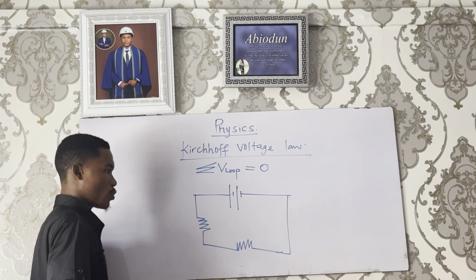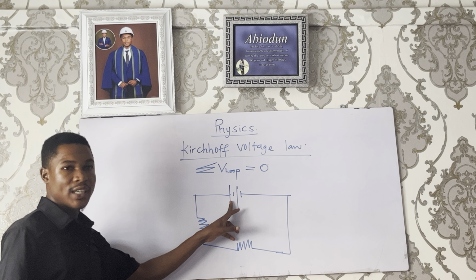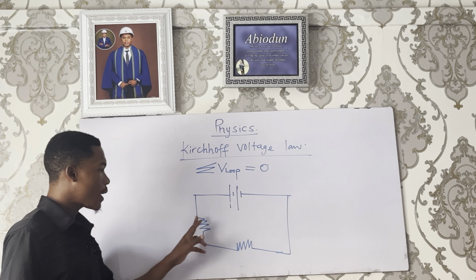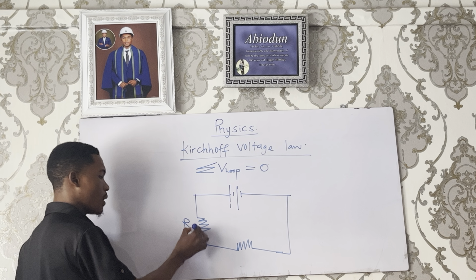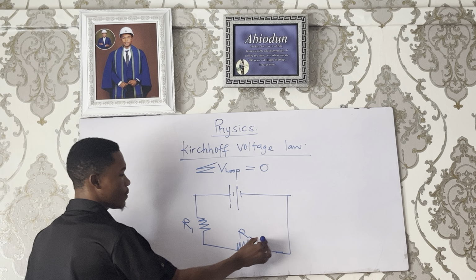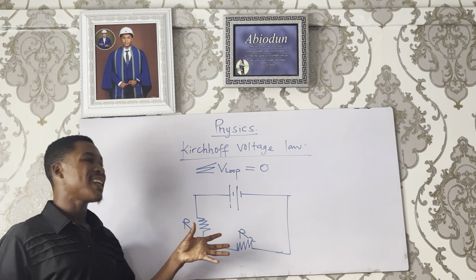This is a circuit. In this circuit, we have a battery that contains two cells, and we have resistors. These are resistors. Let's say this is R1, and let's say this is R2. And let's assume I want to use Kirchhoff's law to analyze this circuit.